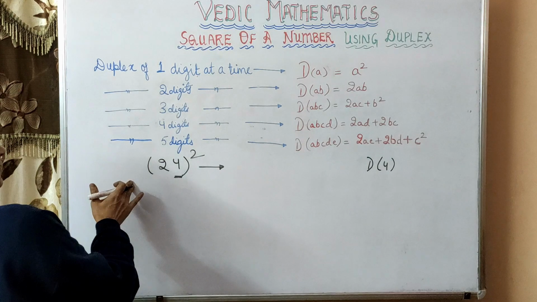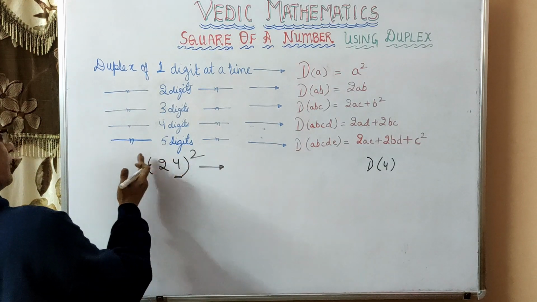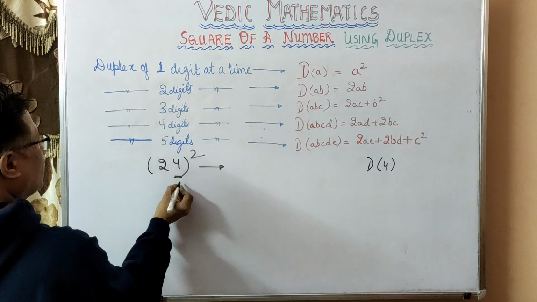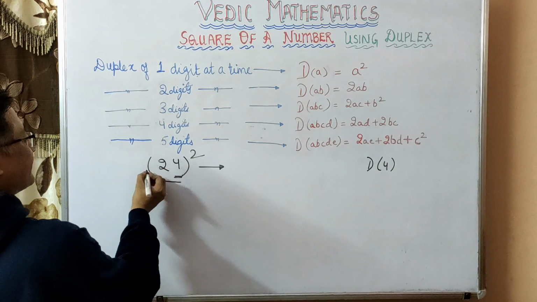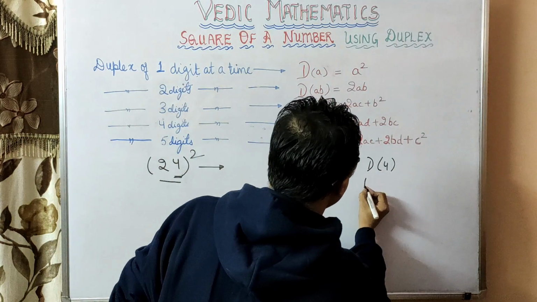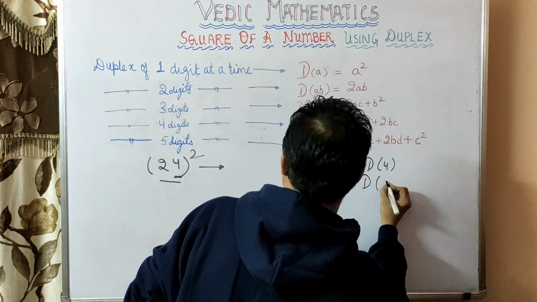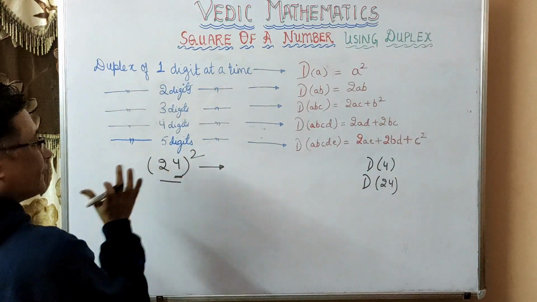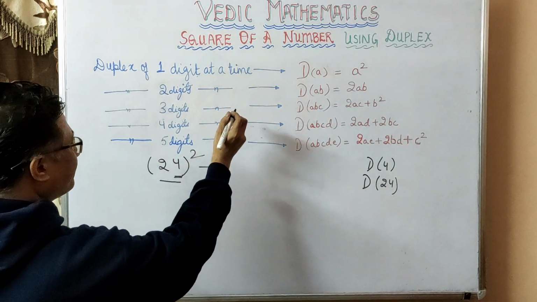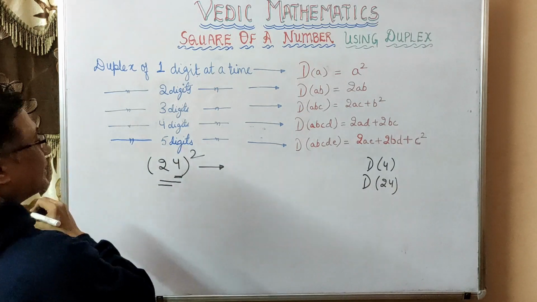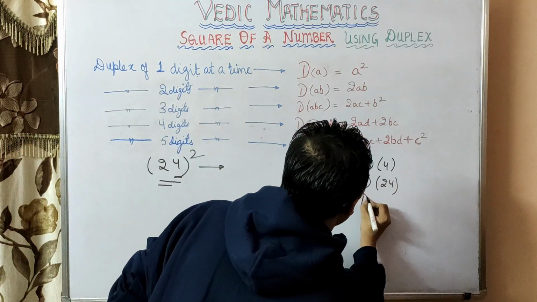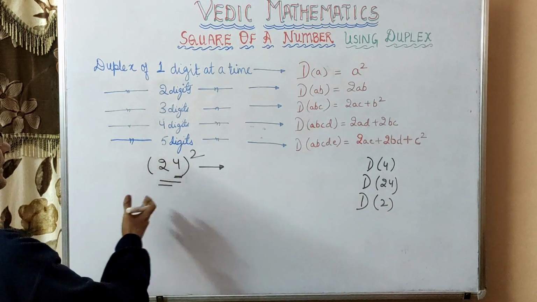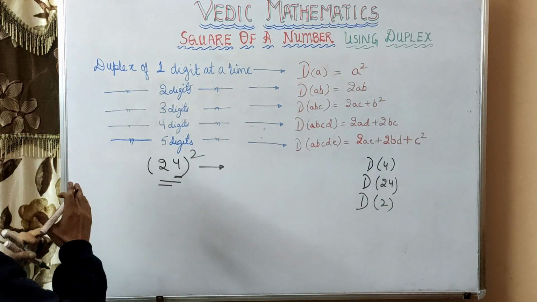Then from the right, you move towards the left till you cover all the digits. So you consider these two together, and in the second step, you consider the duplex of 24. Now we have covered all the digits. So now leave 4. This is the third step: you calculate the duplex of 2. And when you write these, you will have your answer.